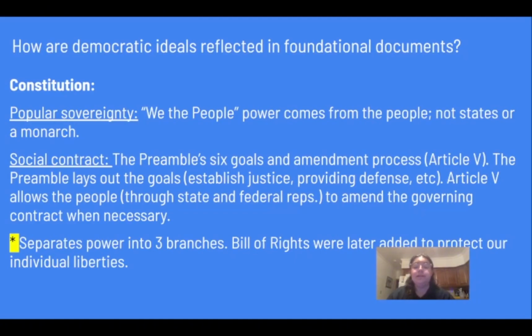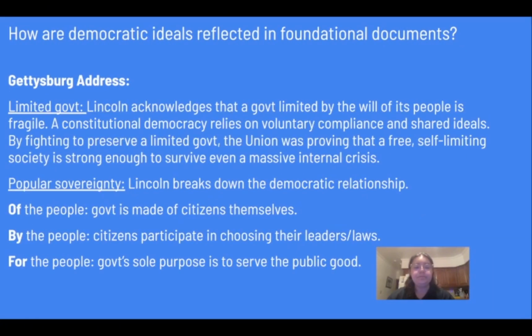The Constitution itself separates power into three separate branches, going back to one of the structured principles I mentioned earlier. Again, that is a big focus of Unit 2. The Bill of Rights was later added to protect our individual liberties, such as due process, freedom of speech, and freedom of religion. That was a big compromise that the Federalists and Anti-Federalists created during the ratification process.